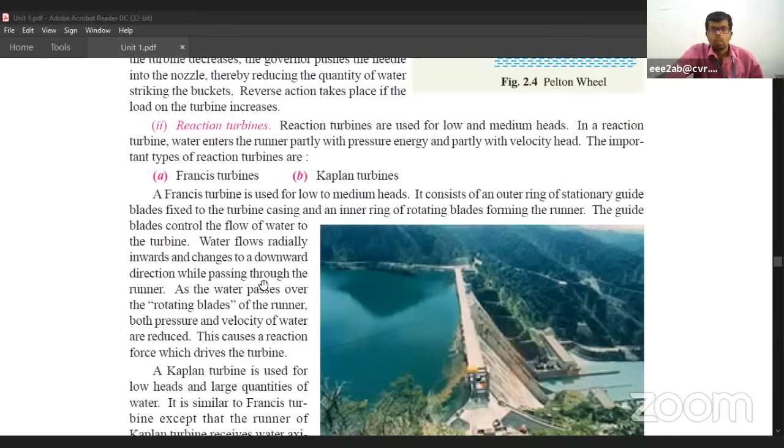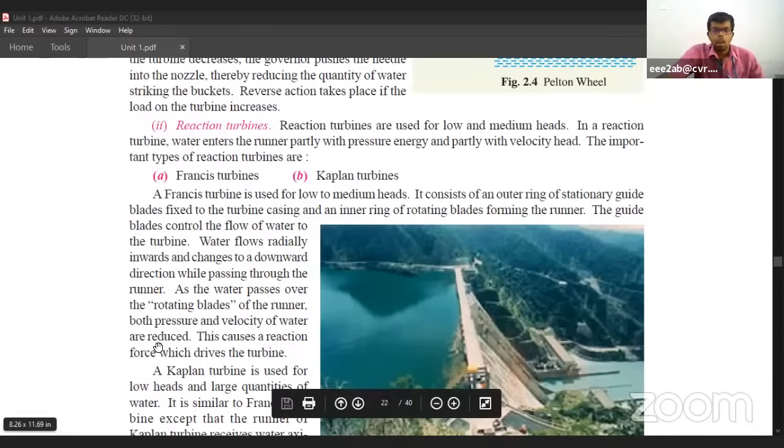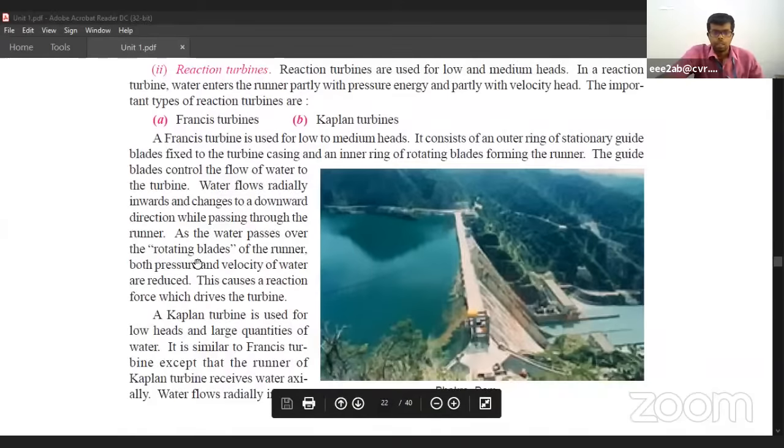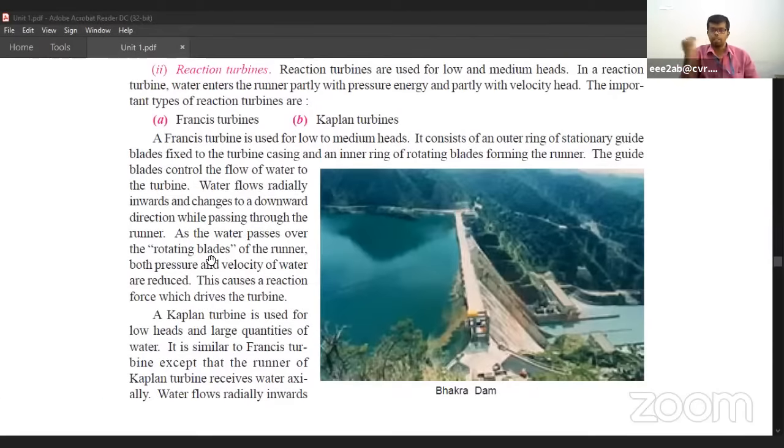Don't worry. While passing through the runner, as water passes over the rotating blades of the runner, both pressure and velocity of water are reduced. Imagine this is a turbine with some rotating blades.